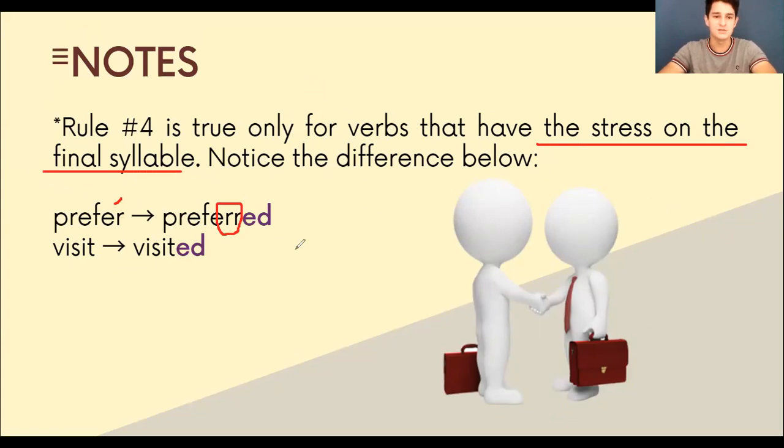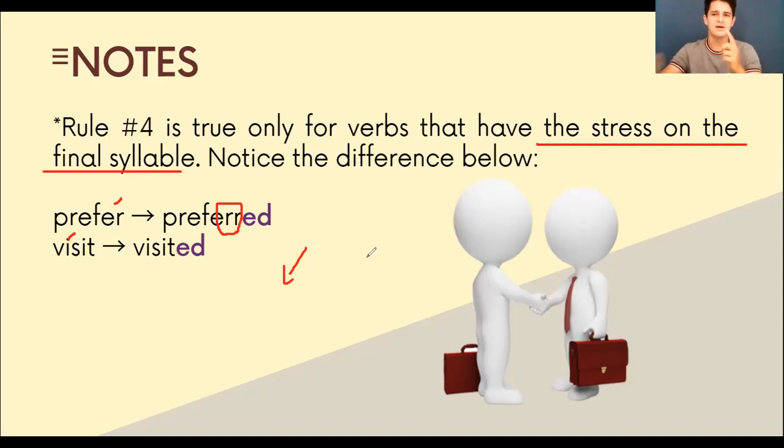Notice the difference. Visit, visit. ¿Dónde pondrían la tilde? En visit. O sea, esa tilde que yo llamo es el acento, ¿ok? Lo que llamamos tilde en español, en inglés es el acento. Visit has 2 syllables.